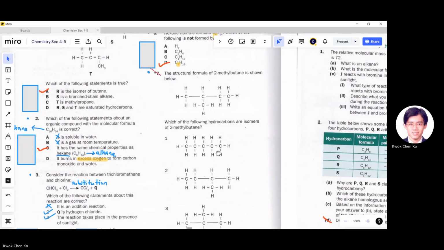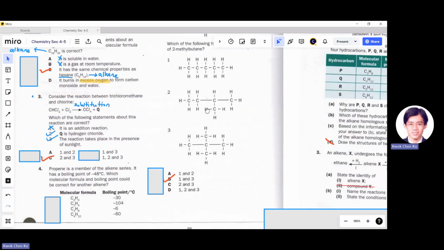How many carbons are there? 1, 2, 3, 4, 5, right? How many hydrogens? To be 12. If you count correctly, yeah, it's 12.